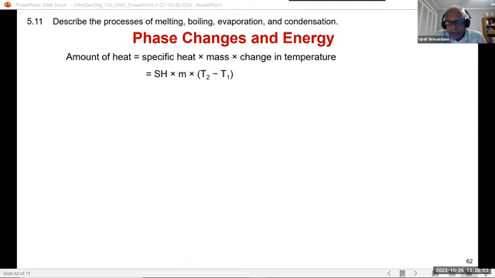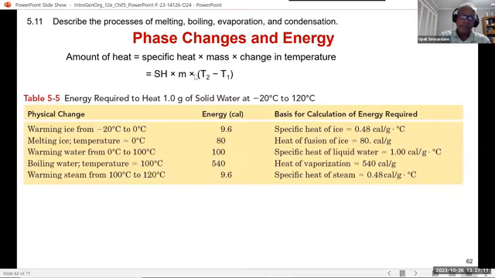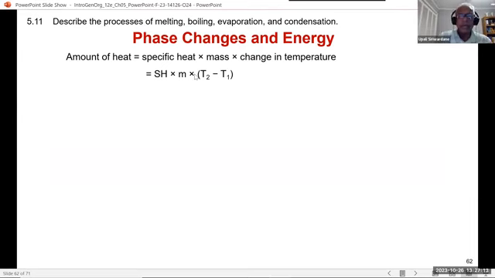Normally the energy associated with a particular phase, the amount of heat absorbed during the phase change, is calculated by this equation. Specific heat of the phase multiplied by m. M is the mass of the material, mass of the phase. The temperature change is T2 minus T1.